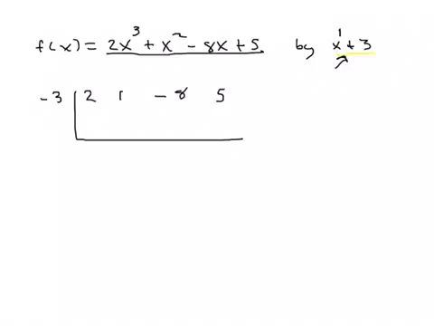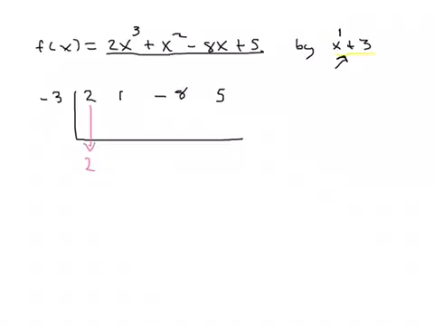So here's how it works. The very first thing I'm going to do is just bring down this 2 and put it right there. Boom, it's down. Next, I'm going to take the negative 3 and multiply it by the 2 and put it right here.